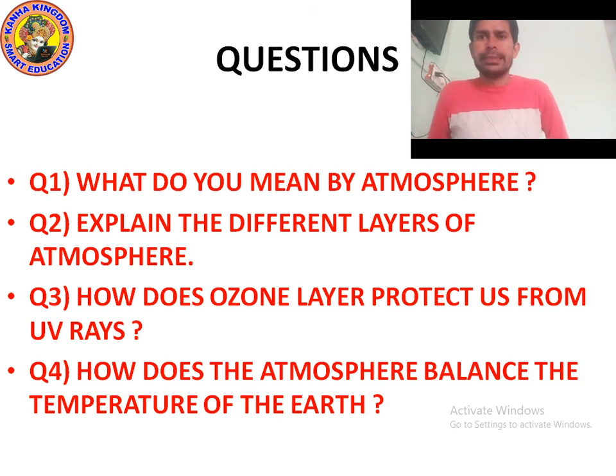Okay kids, it's time to ask questions from you. Question number 1. What do you mean by atmosphere? The layer of the air that surrounds the earth is called an atmosphere. And what is air?